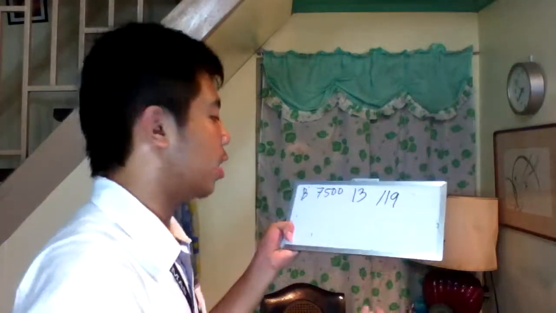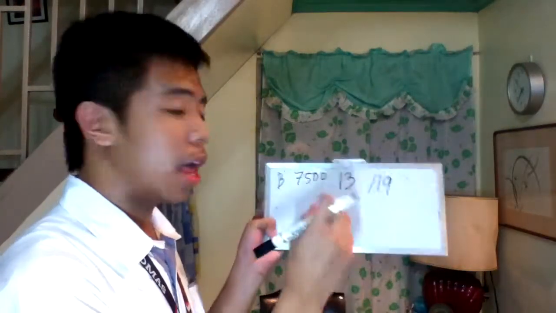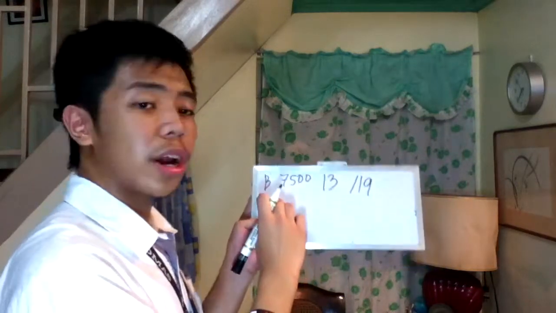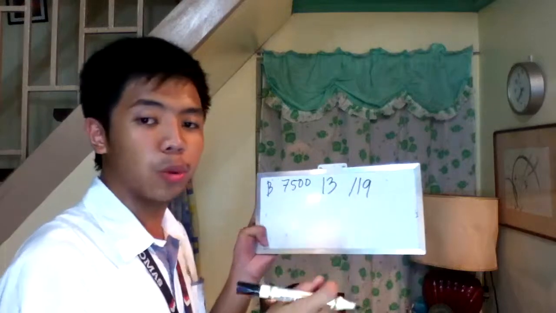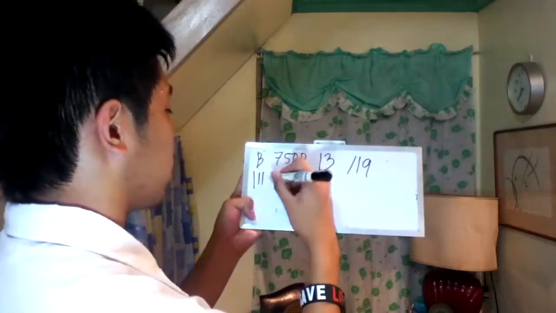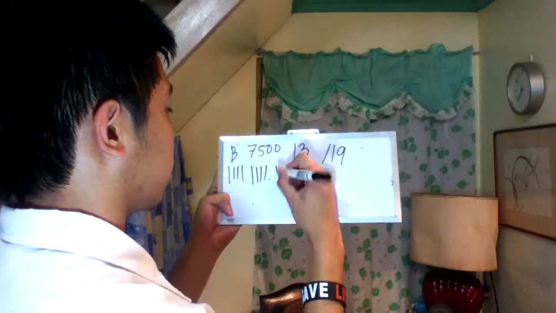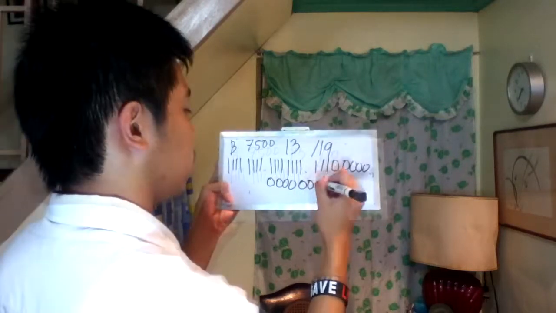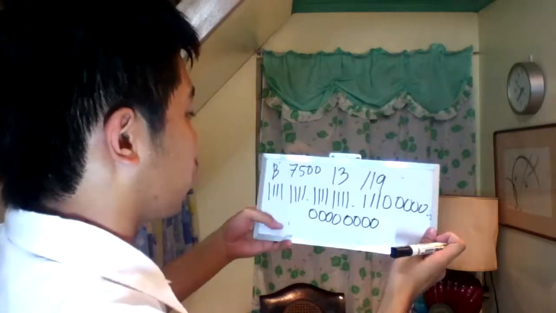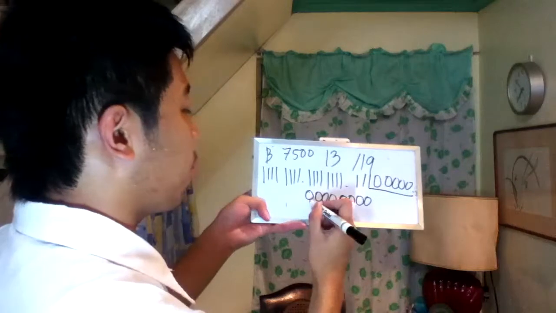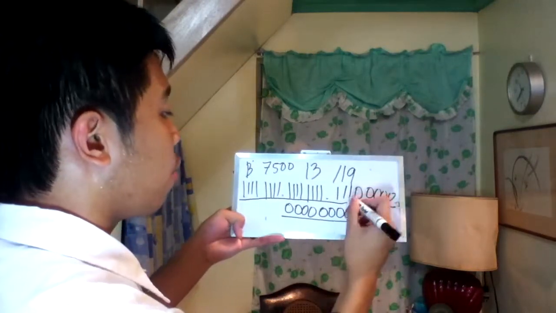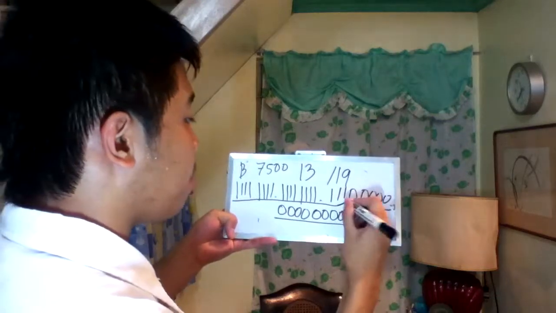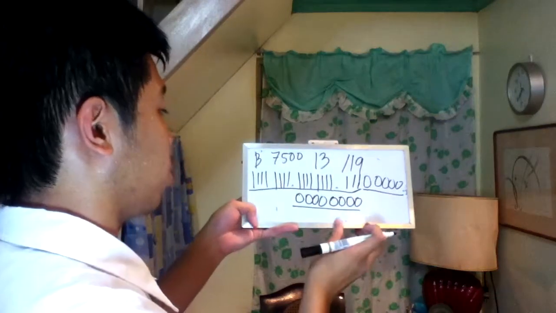So doing that again, we just need to make all of the bits of the network portion equal to 1. So these are the number of bits for the host portion, and these are the bits for the network portion.